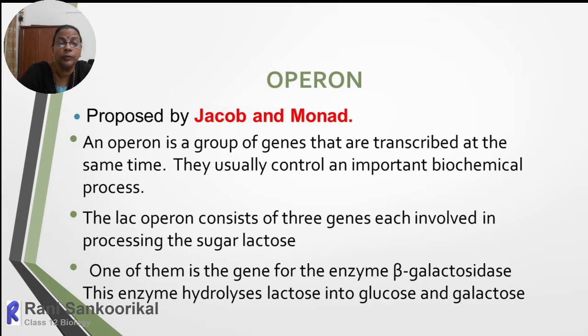In order to utilize it, they need certain enzymes. The main enzyme they need is beta galactosidase. With the help of beta galactosidase, lactose can be broken down into glucose and galactose.